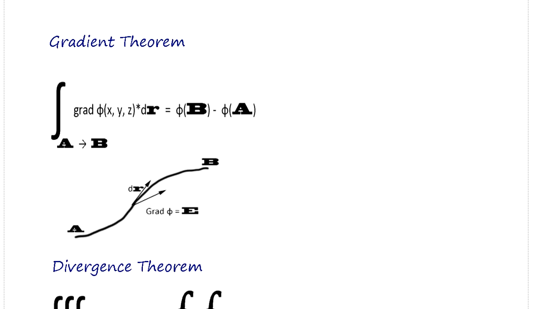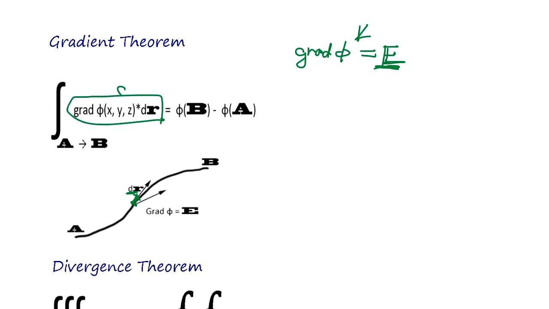Now, we talk about the gradient. The gradient of phi, if it's a potential, generates a vector, the force vector. In this example, it's E, the electric field. Now you have a dr, a segment of the moving direction, times E, which defines dW, and W is work.